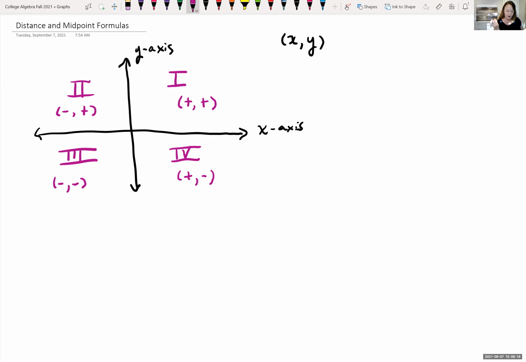If a point doesn't fall in a quadrant, it falls on the x-axis or the y-axis, or it could be both. The point where the x and y axes meet is the point (0, 0), and it has a special name: the origin.